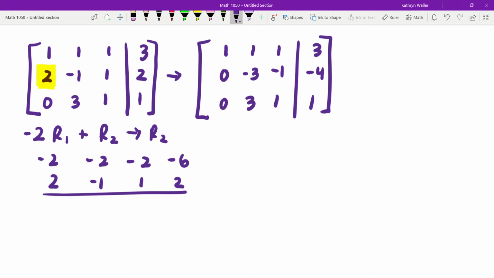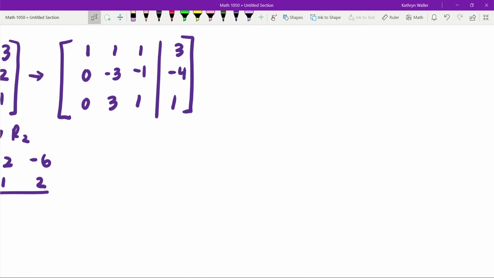I'm almost done. I only have to get one more 0, and that is right here. Please remember, finding that third 0, I can't use row 1 because that number right there will mess up that 0. Well, this is really easy because if I just add row 2 and row 3 together, I'll get it.